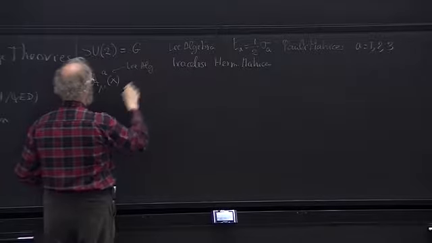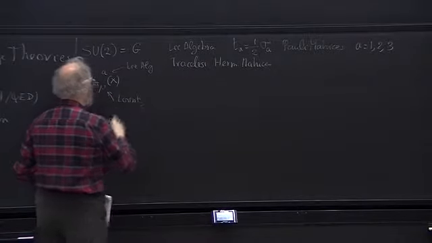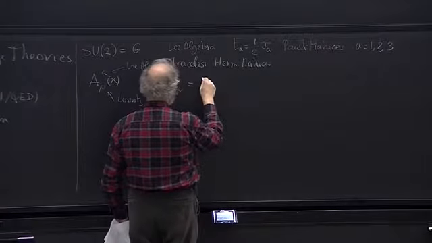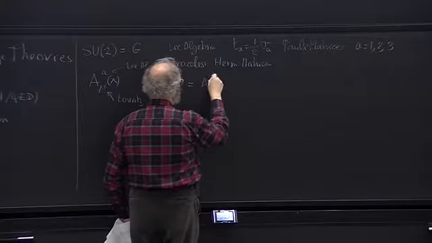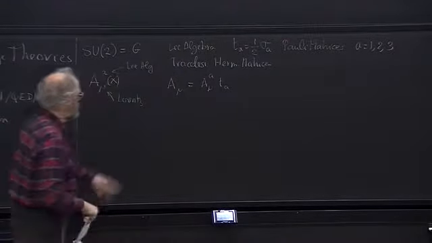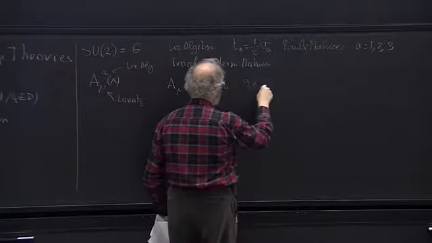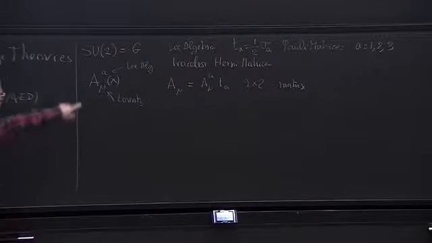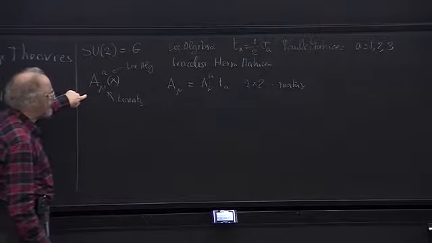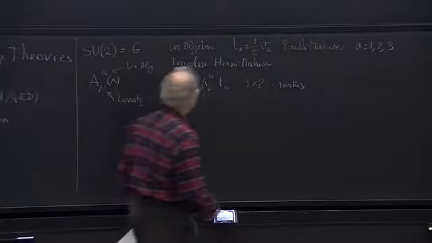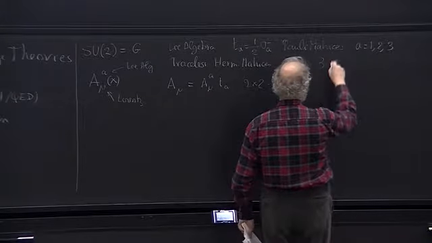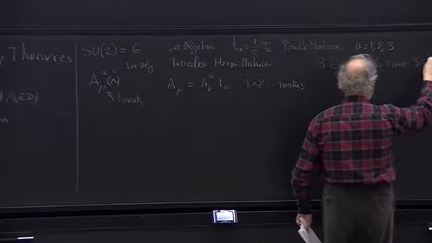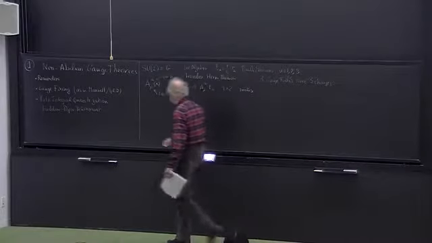And they can be recast into a field that I'm going to note A_mu, which is just A_mu^a T^a, which is a 2x2 matrix with 3 independent elements giving us the 3 gauge fields associated to the 3 charges of the theory, since we have 3 generators.